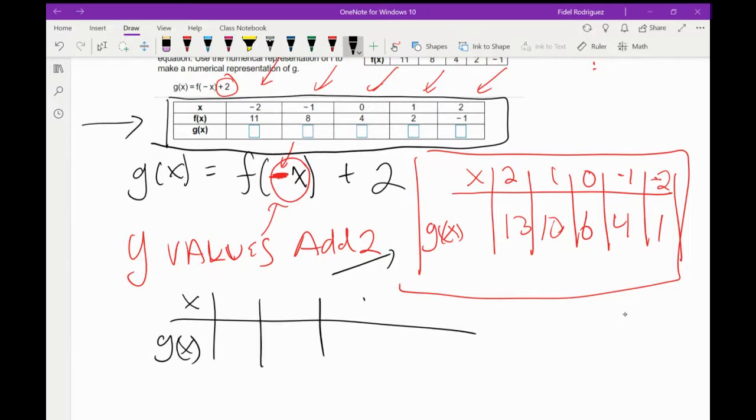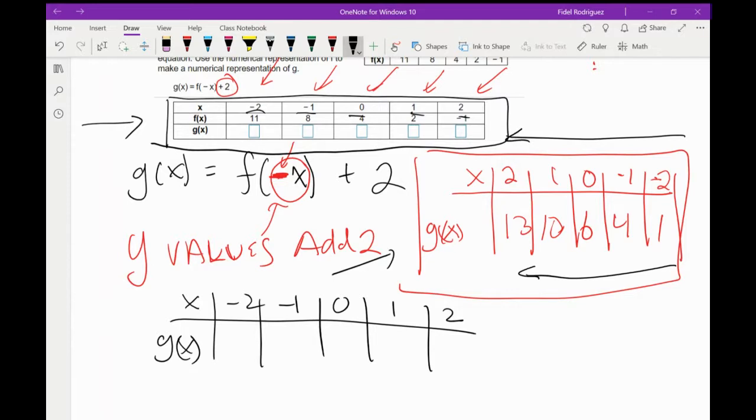Note the negatives come first and then the positives. So I'm just going to put -2, -1, 0, 1, and 2. But if I'm switching the order here, then I need to switch the order here. So then here I'm going to put 1, 4, 6, 10, 13.